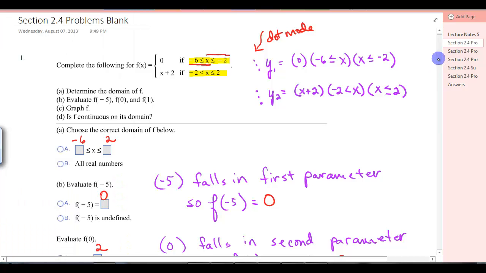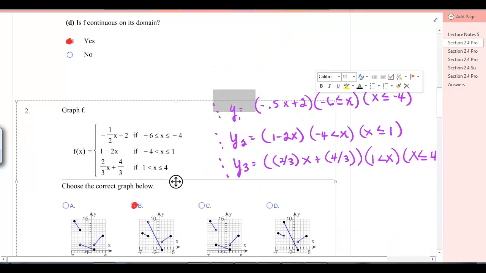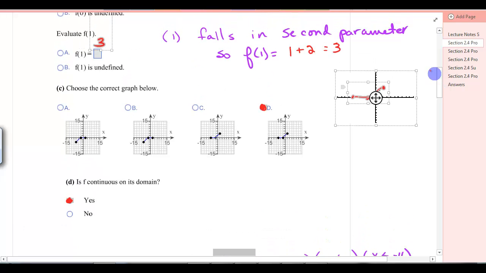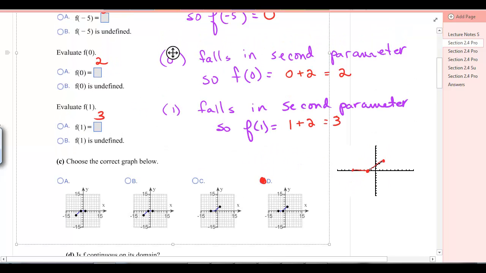Let's look at our choices here. Let's see. I think I have it here. Okay.